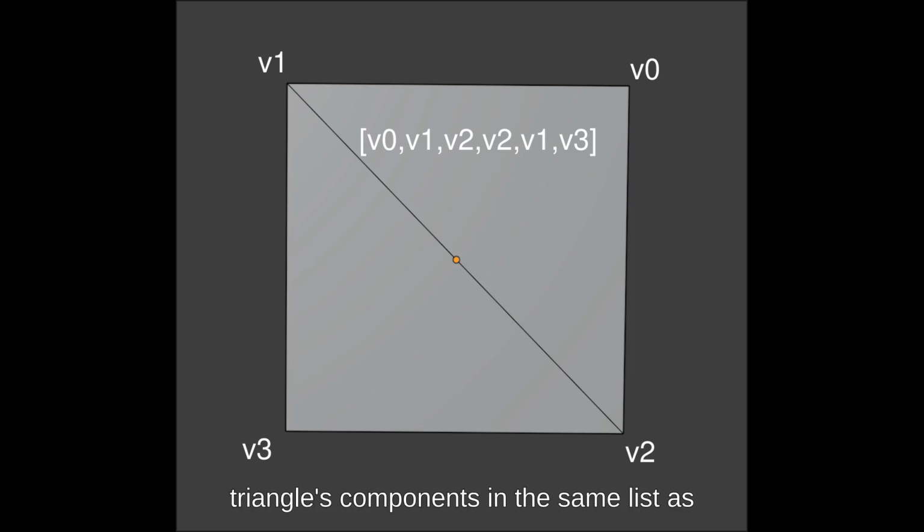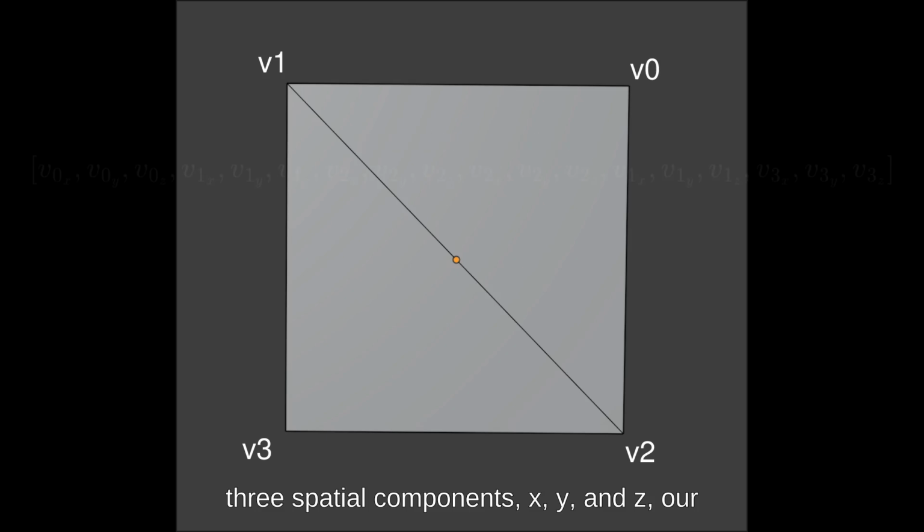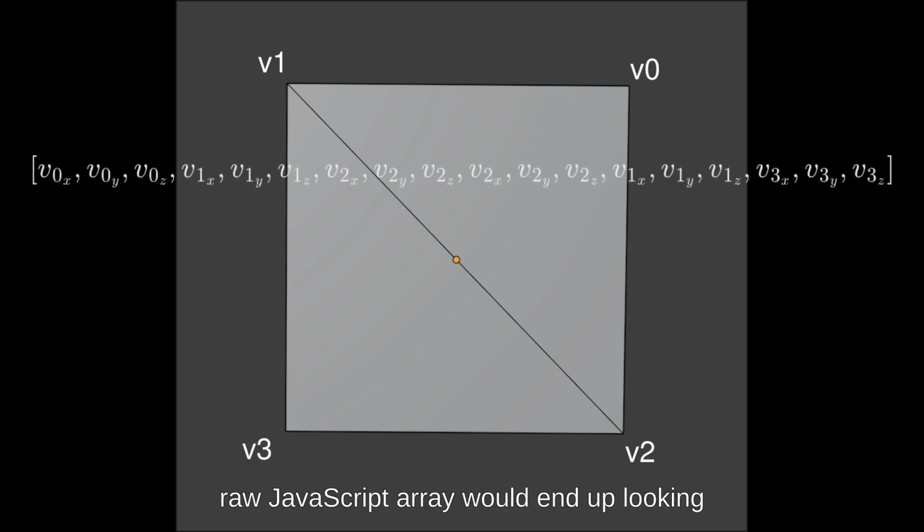Then we list the second triangle's components in the same list as V2, V1, and V3. Because each vertex has 3 spatial components, X, Y, and Z, our raw JavaScript array would end up looking something like this.